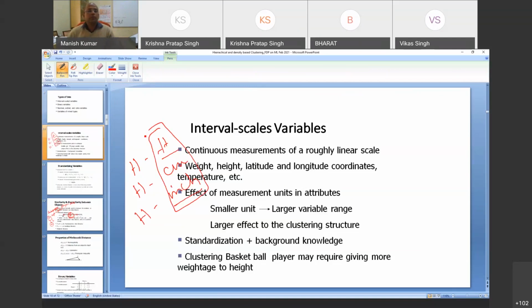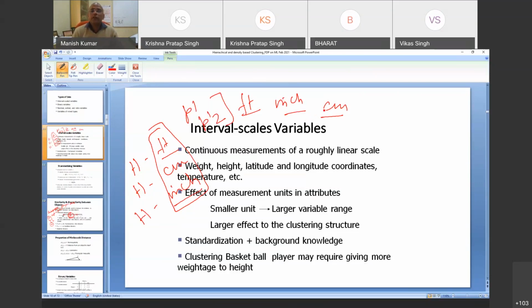The reason is very simple. If I am comparing player 1 and player 2, the distance between these two players in feet will give a very marginal difference, whereas in inches the difference will be a little larger, and in centimeters the difference will be larger than the other two.